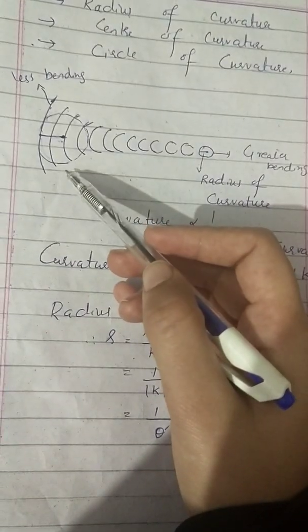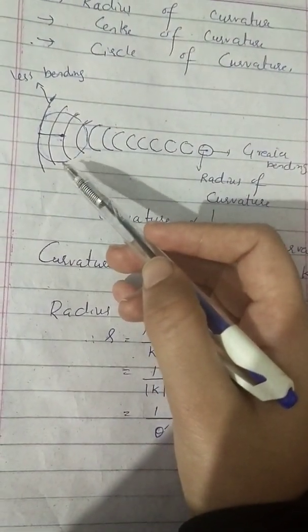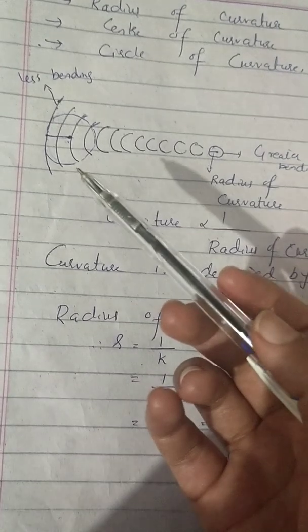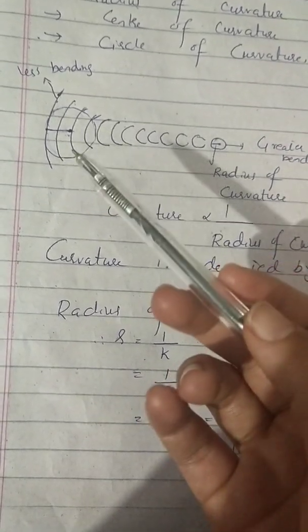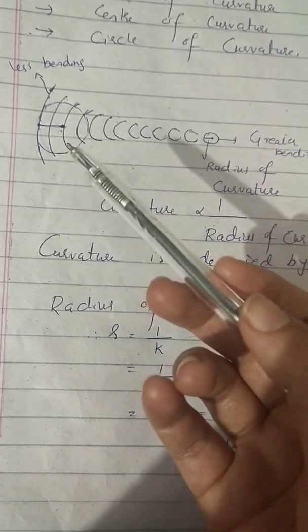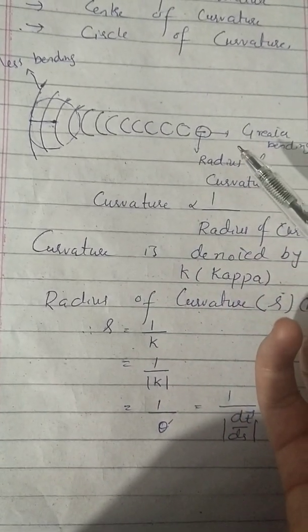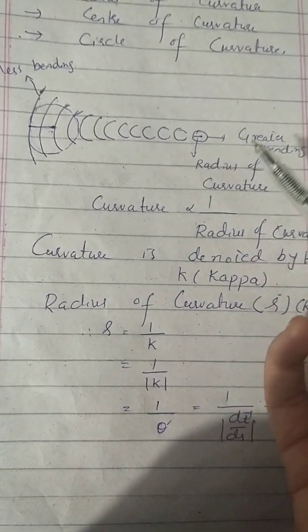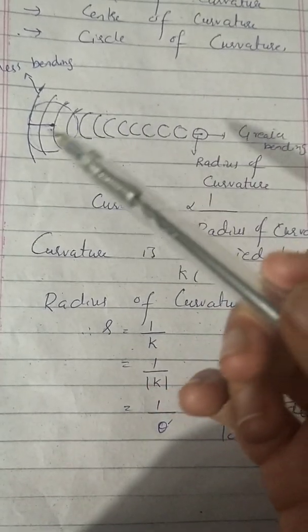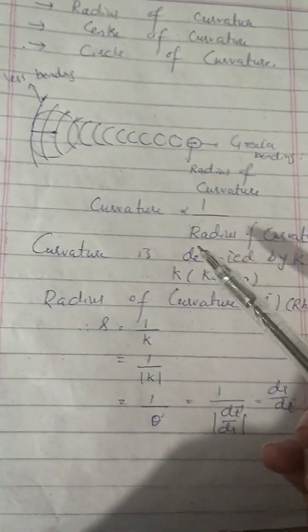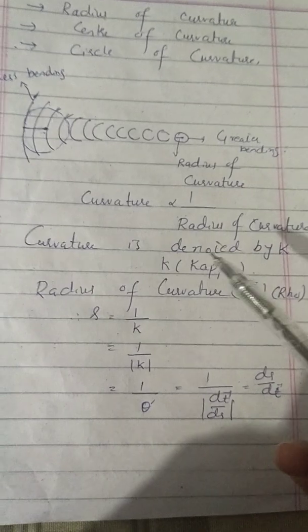Here the curvature is smaller, and here the curvature is larger. So from this we get the result that curvature is inversely related to the radius of curvature.